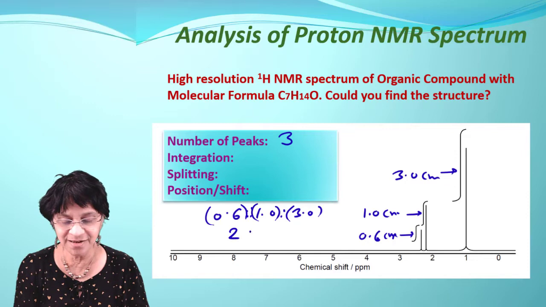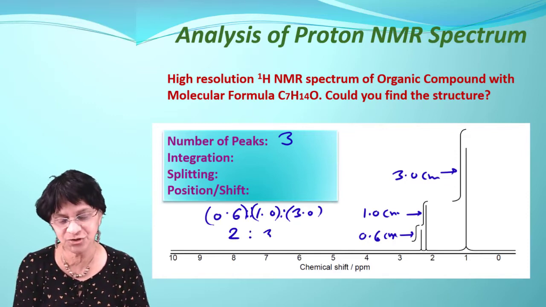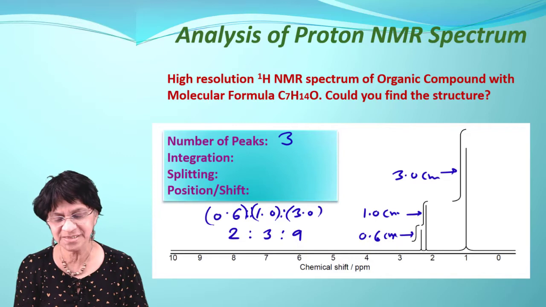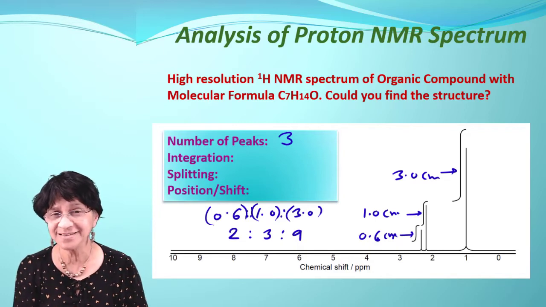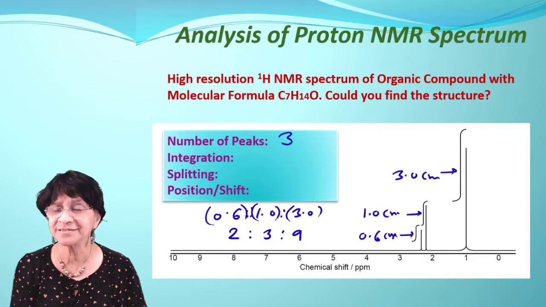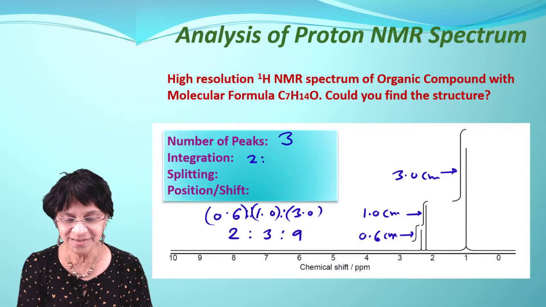So I can tell you this ratio is roughly 2 to 3 to 9. And just quickly let's add that, 9 plus 3 plus 2. How much is that? That comes out as 14. So probably we got the right proportion over here. Let's write down the integration ratio. That is 2 to 3 to 9.